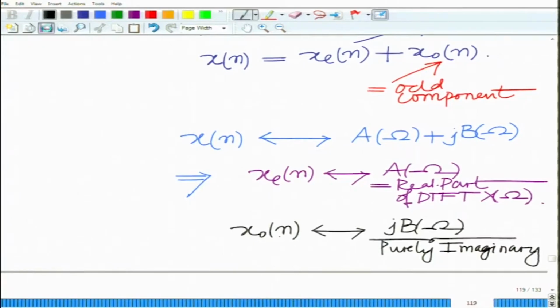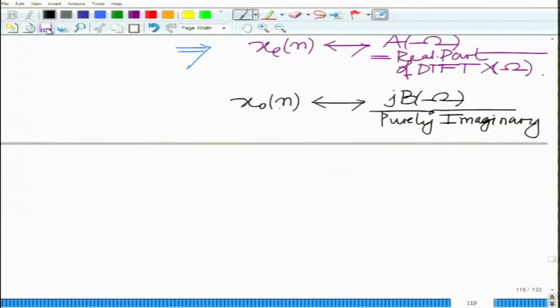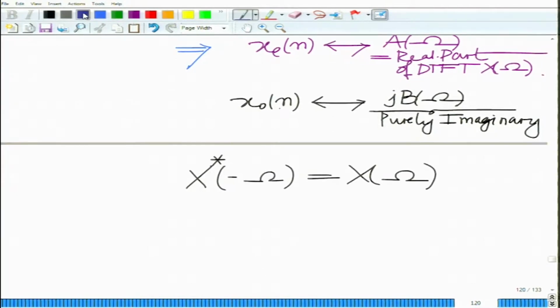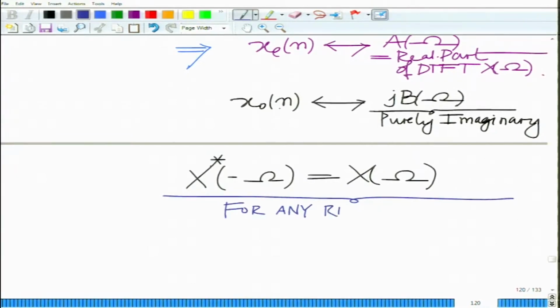And now further, since we have a real signal, recall that for a real signal x[n], X conjugate of minus omega equals X(omega), where X(omega) is the DTFT. Remember, this is true for any real signal x[n].